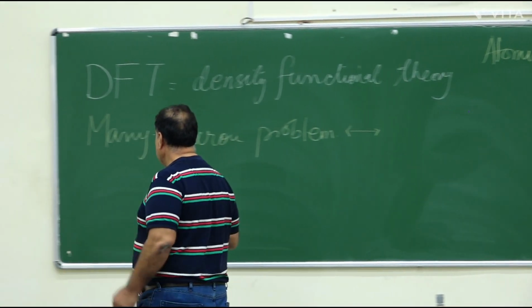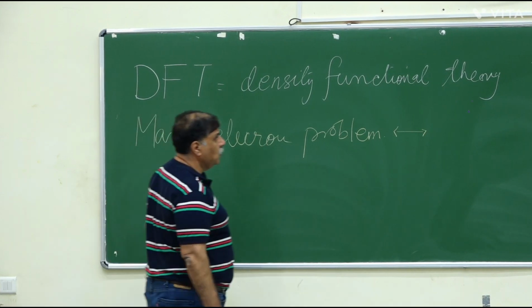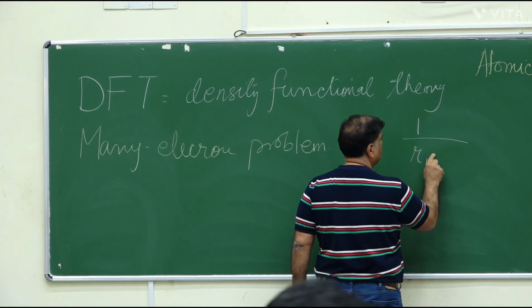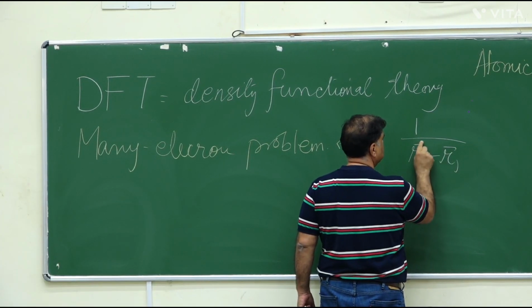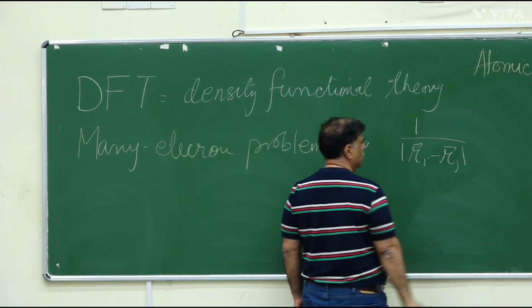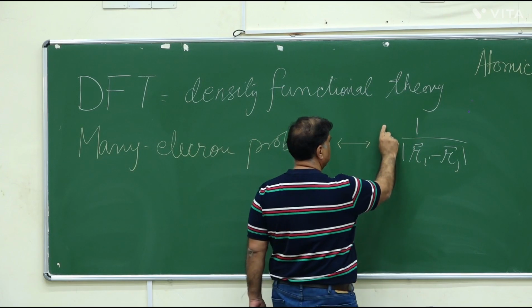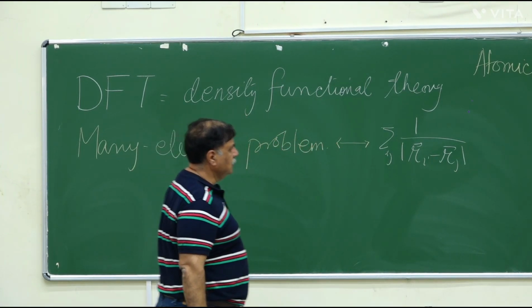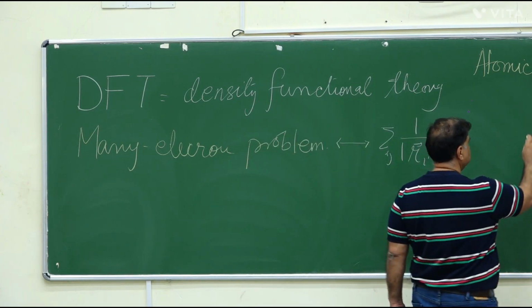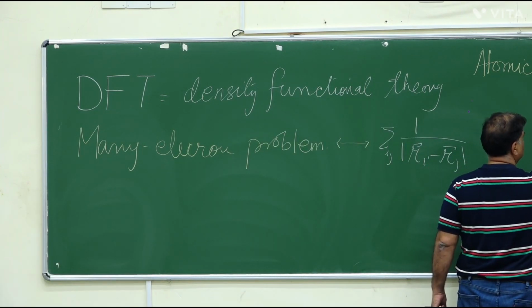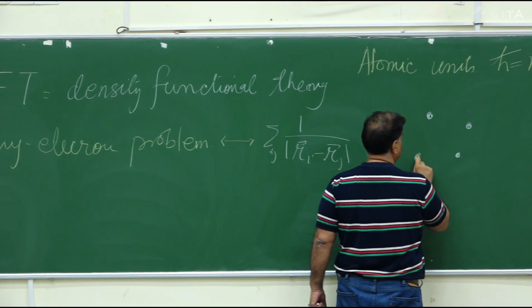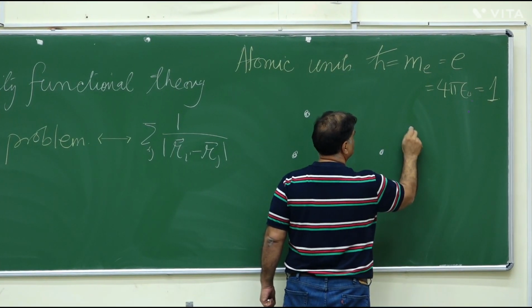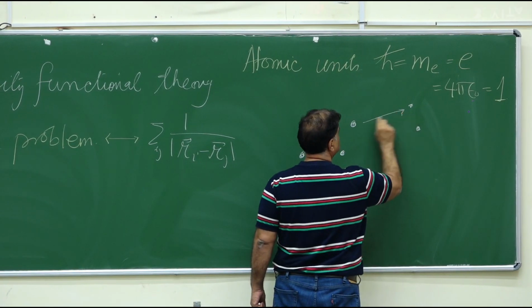Preliminary. Let's start without this term. So this is going to be 1 over Ri minus Rj, summed over i and j. So what we're talking about is many electrons, they're all interacting with each other.